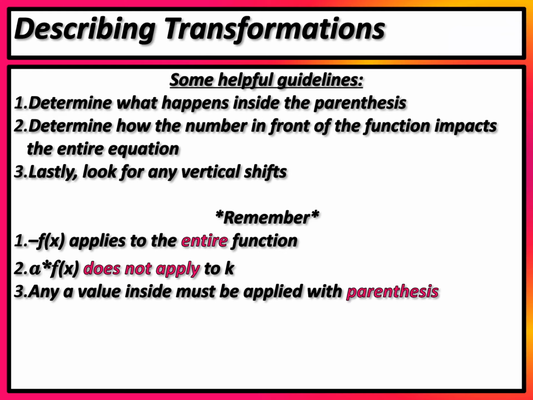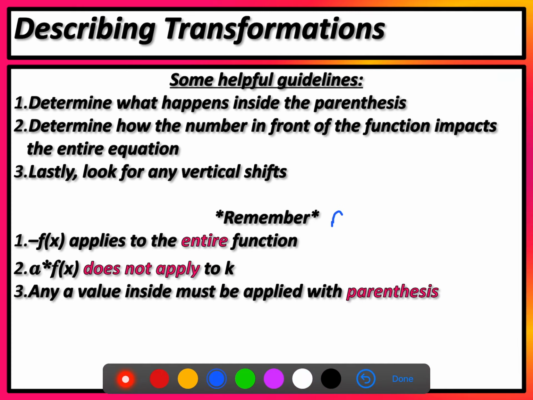So I want to give you an example of that. If I have this quadratic function and I want to reflect this over the x-axis, I would apply a -1 to the front.